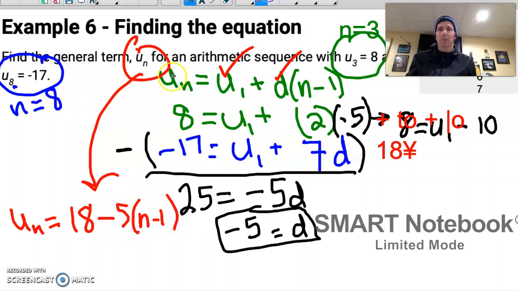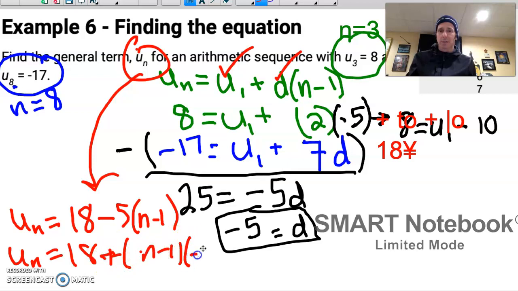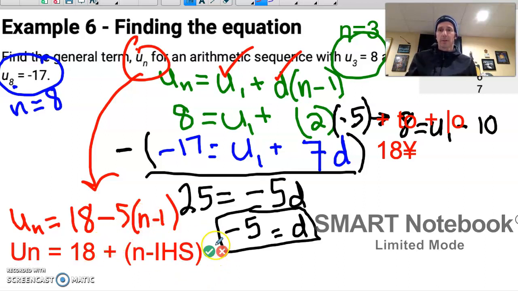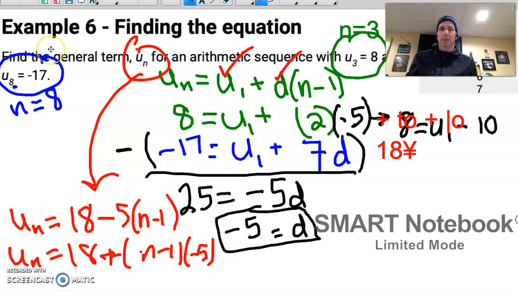So my terms are going down in value, which makes sense because I started at 8. 5 later, I'm at negative 17, so they're going down. The other way you could write this is first term plus n minus 1 times negative 5. I kind of like the way this one looks a little bit better. But that's example 6.